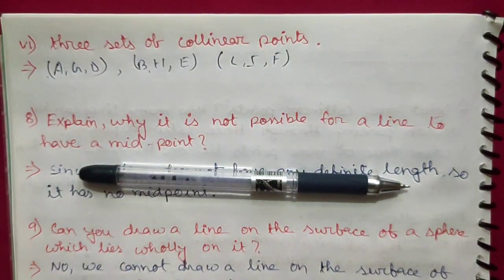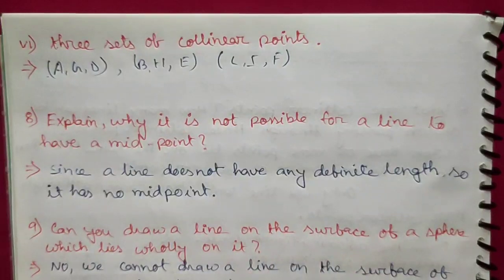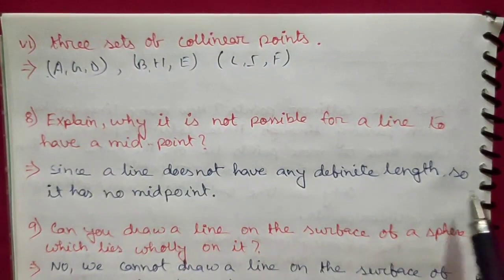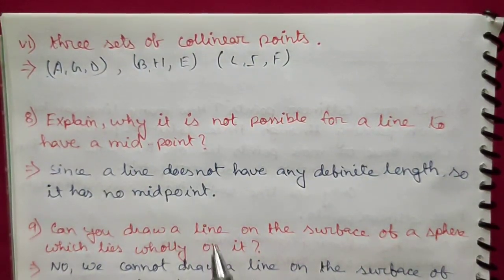Then the midpoint of this pen will be 15 divided by 2, which is 7.5, right? Since we don't know the definite length of a line, how can we say the midpoint? So we will write, since a line does not have any definite length, it has no midpoint.